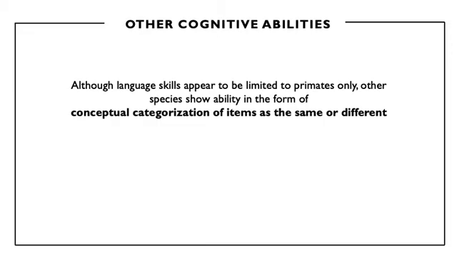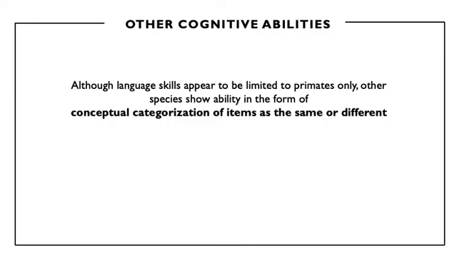What about other cognitive abilities? Although language skills appear to be limited to primates only, for example chimps and gorillas, other species show ability in the form of conceptual categorization of items as the same or different. We will understand this later. Only primates can have meaningful conversation with humans.